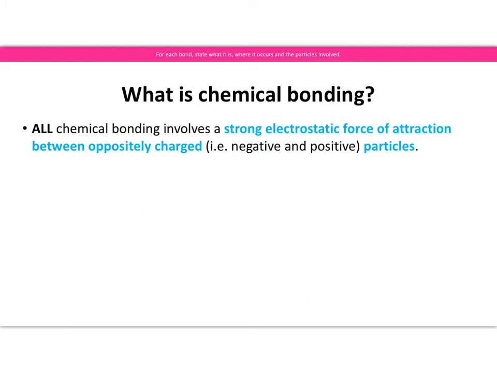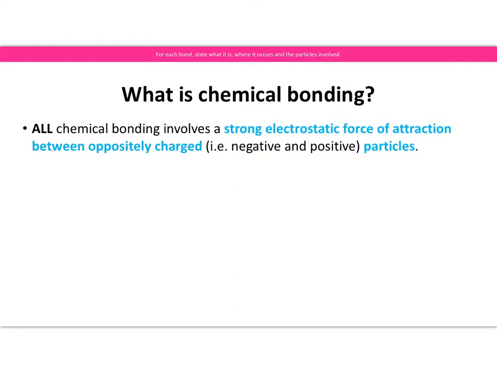So fundamental to all chemical bonding is that there are forces of attraction, and they're always between oppositely charged particles. By oppositely charged particles, we mean negative and positively charged. And if you have negatively and positively charged particles, and there is an attraction, then that is an electrostatic force of attraction.